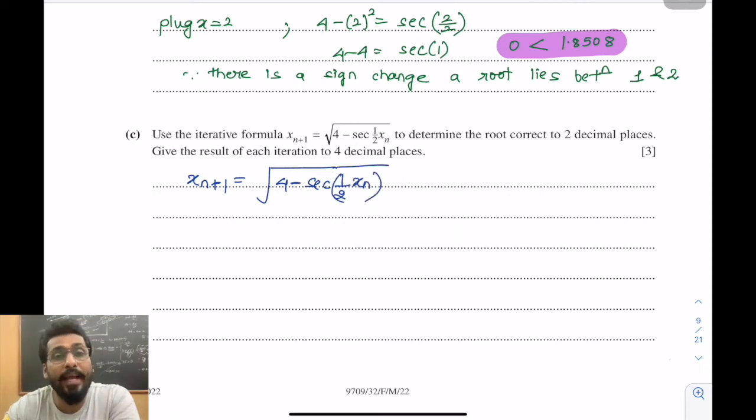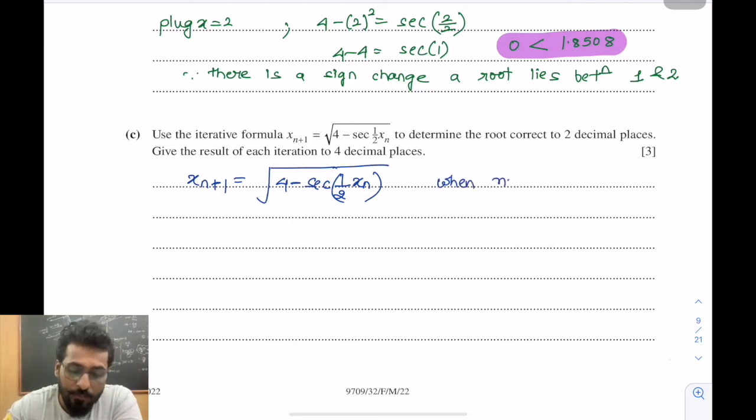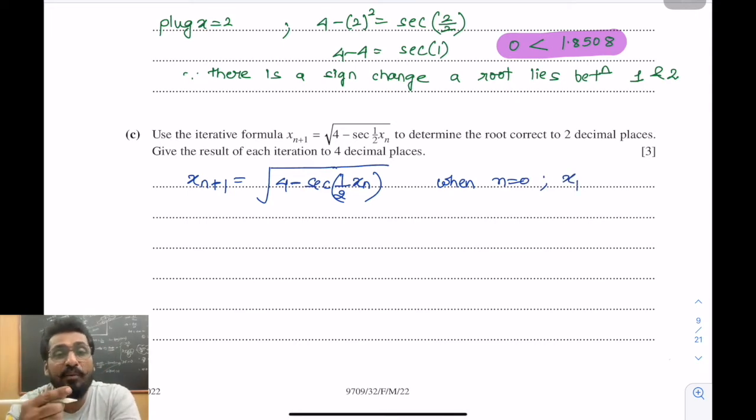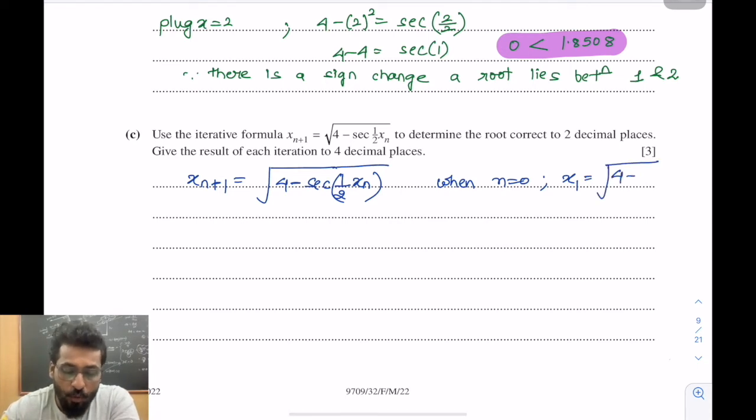So when n is 0, at that time I get x1. So it has incremented from x0 to x1. So x1 would become equal to under root of 4 minus sec of half x0.